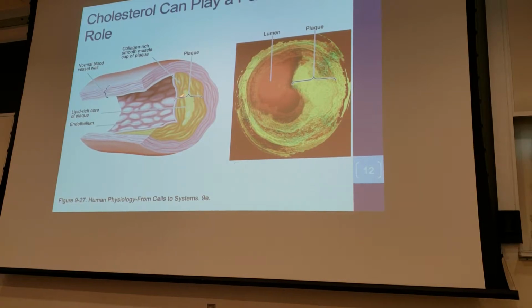And you can see that normally you would have a nice circular area of the blood to flow through, but with these plaques, it narrows the area, which would increase the pressure if you're trying to push the same volume of blood through. And so it makes your heart work harder to overcome the resistance, the high pressure in the arteries of your body. And so over time, this is a big tax on your body and it results in all sorts of heart issues.